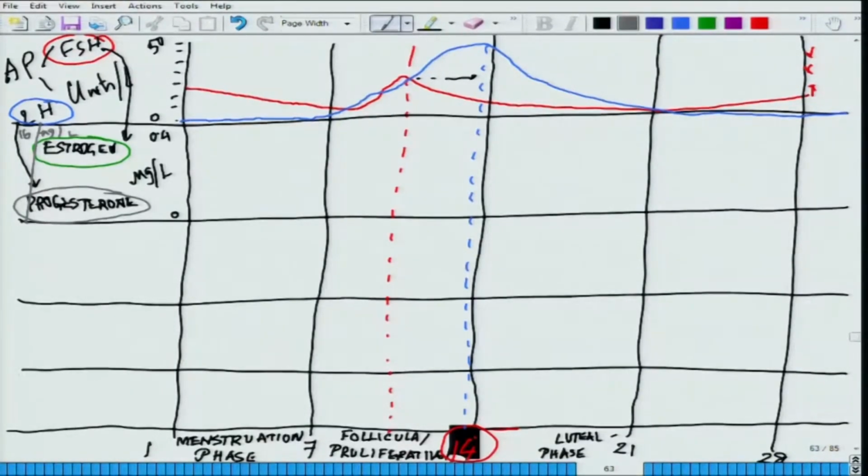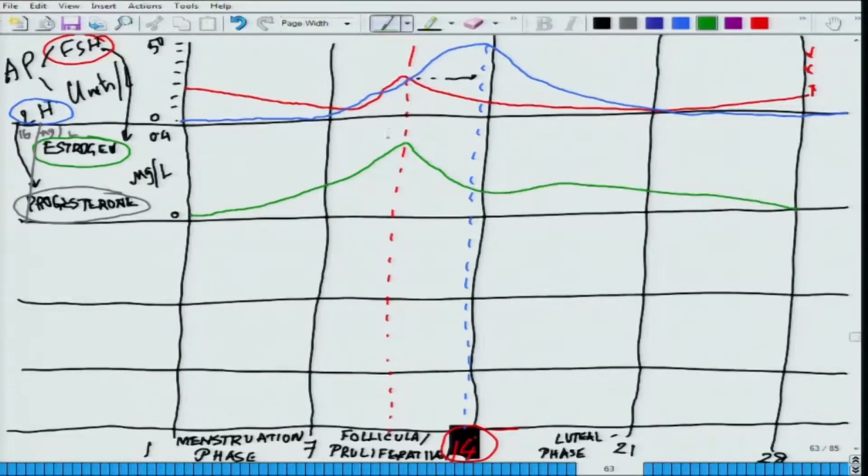So, if you tally this, what happens now? Let us talk about how the estrogen behaves. The estrogen level moves like this, and as you could see, where this one is picking up, estrogen level exactly picks up fairly close to it, and then there is a small hump, and then it goes down like this.